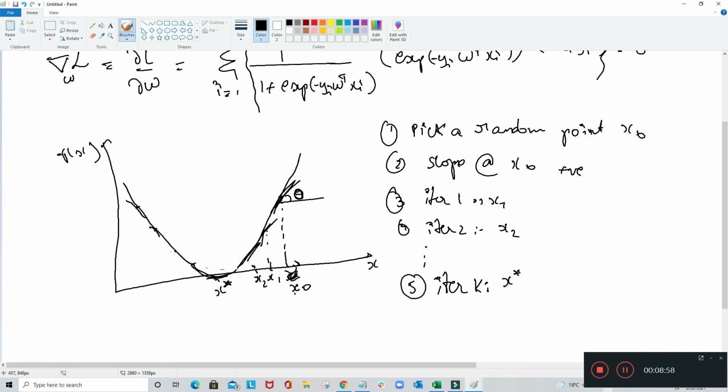The slope at this point is greater than this. So in the other direction, it tries to find the global minima for that function, or the optimal value of x.